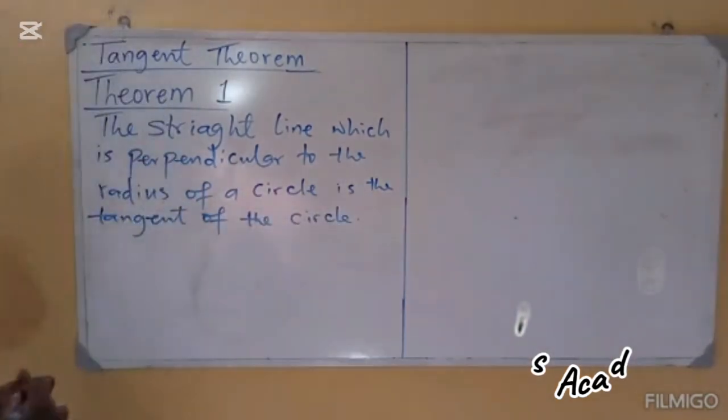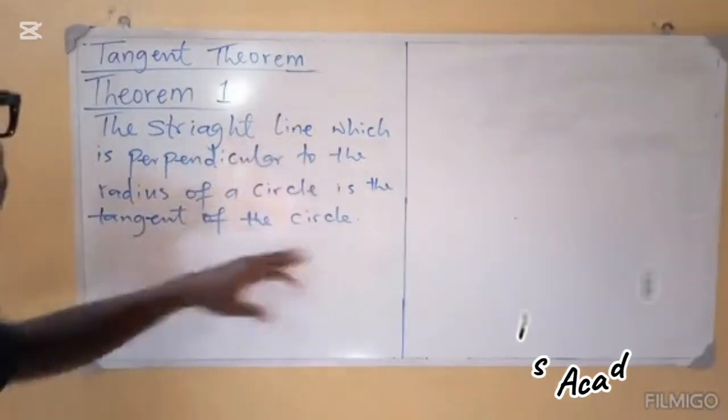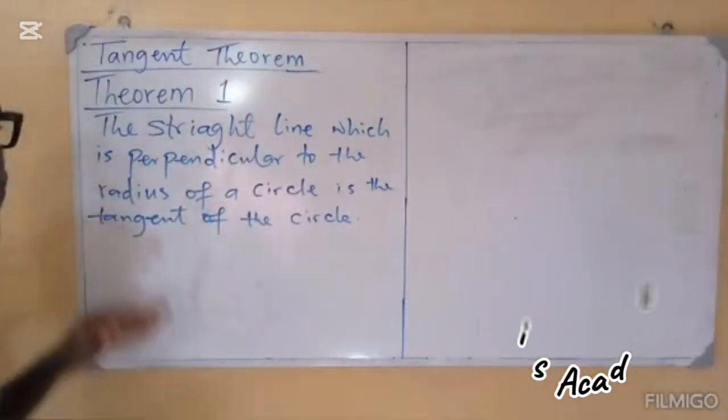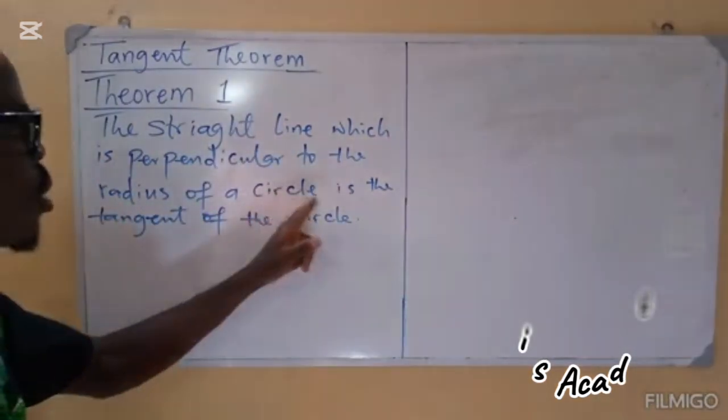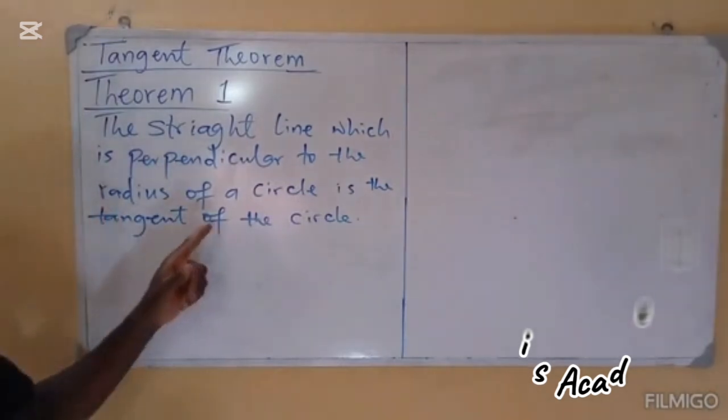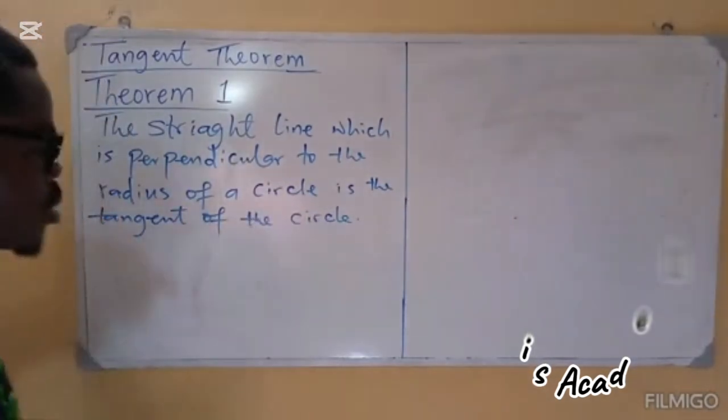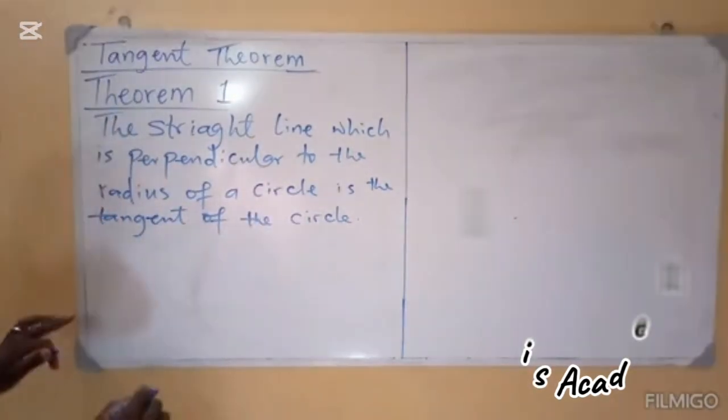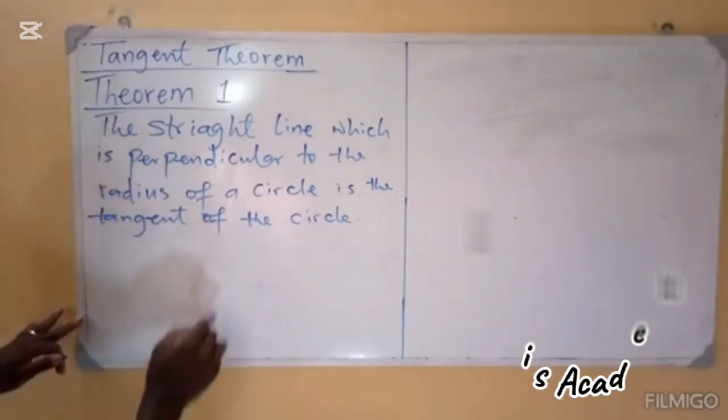So the theorem says that the straight line which is perpendicular to the radius of a cycle is the tangent of the cycle. So now let's take the diagram to understand what the theorem is talking about.